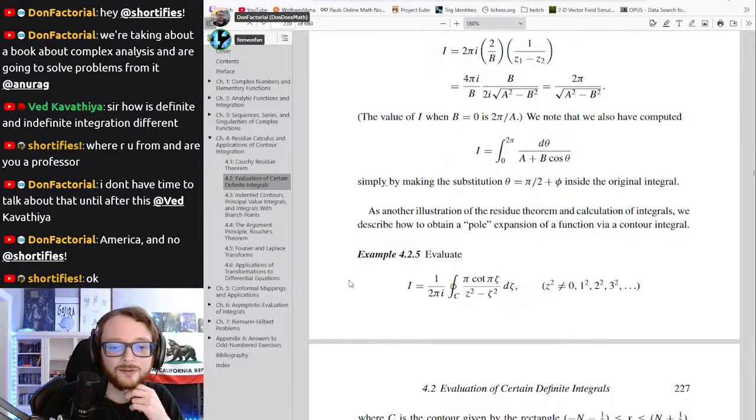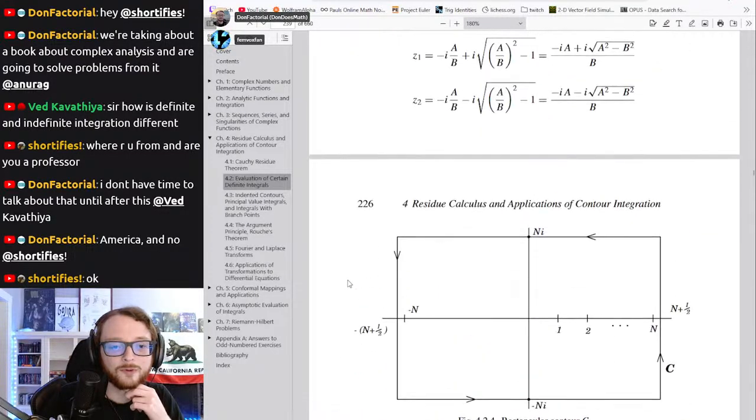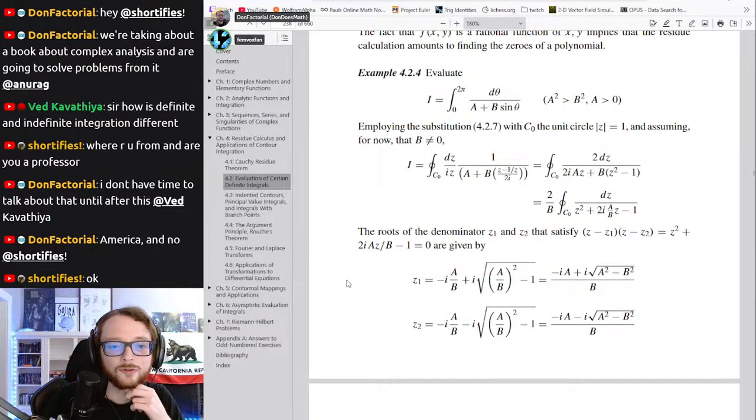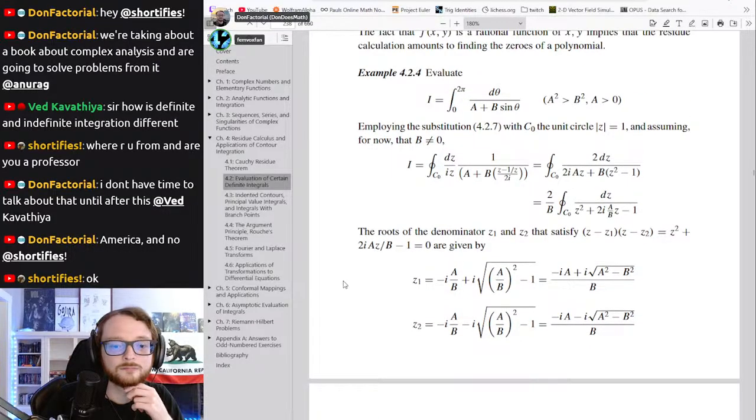I thought I was going to have to consider cases on B for 4.2.4. And I could see they did B equals 0. I knew I was going to get 2 pi over A, but I thought you had to be concerned with whether B was positive or negative.